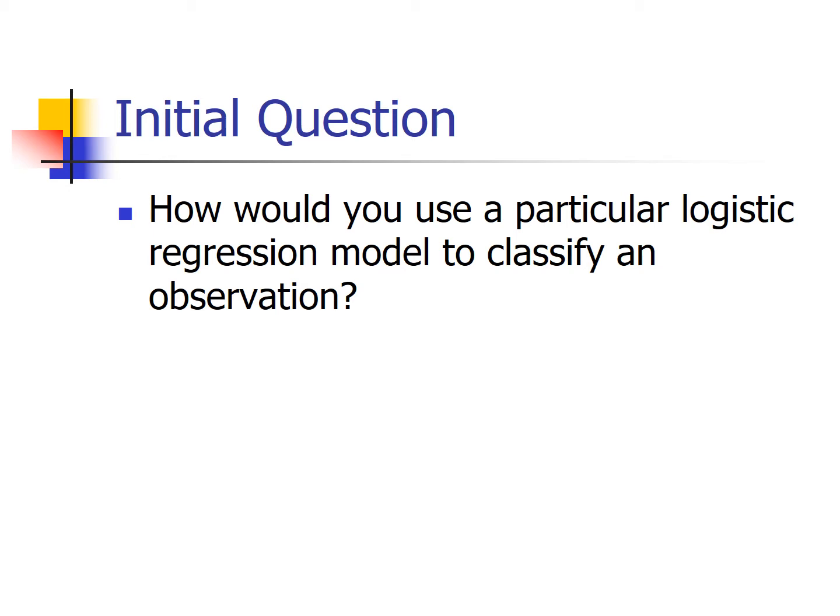At the end of the day, our model doesn't say yes or no. Our model has an estimated probability. So our model might say, based on all the explanatory variables, I think there's a 40% chance that this person might have the ailment. Based on all these explanatory variables, I think there's a 70% chance that our person might have this ailment.